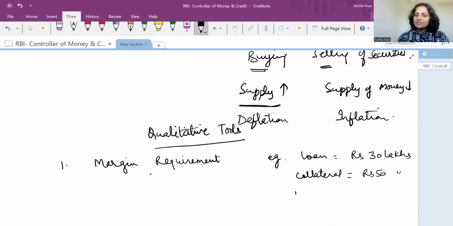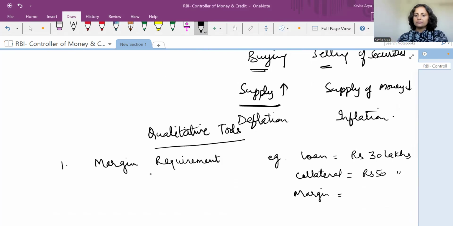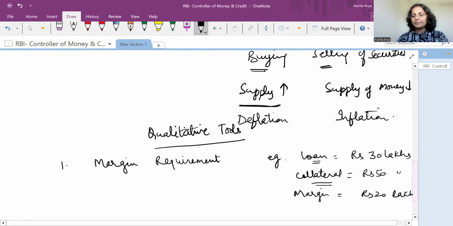It means this is the margin kept by the bank in case there is any default, so that the collateral will be sold and disposed of, and the loan would be recovered from the market. So margin is the difference between the value of the collateral offered and the loan given by the commercial bank. This difference, that is rupees 20 lakhs here, is the margin requirement.